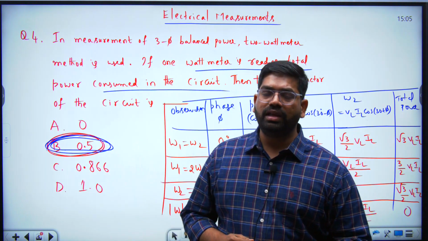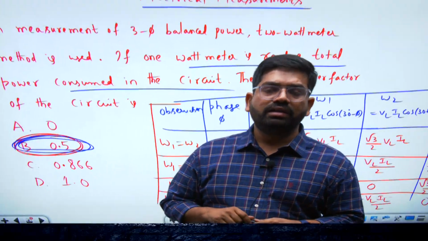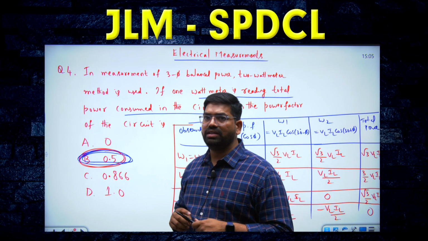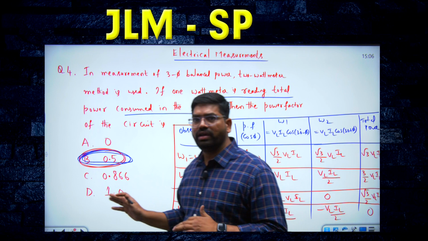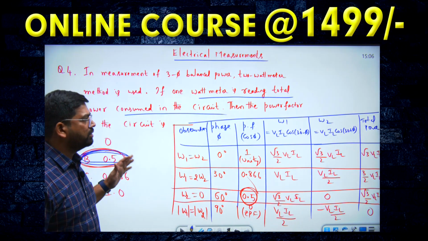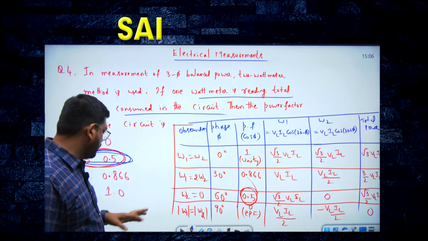At this position only, the total reading is because of one wattmeter, and the other wattmeter is reading 0. Got the point? Understood? Wonderful table. If you memorize this table, you can easily answer questions from the two wattmeter method. This table is most important from an exam point of view.